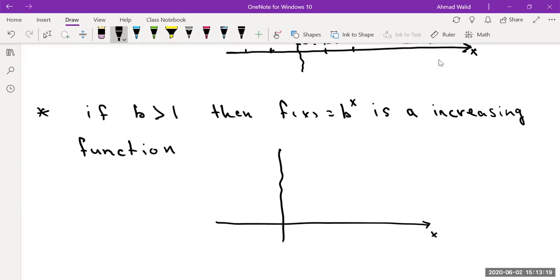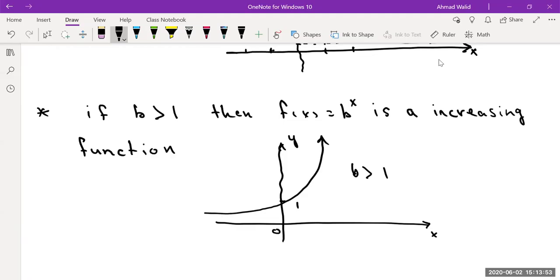Again, to show it in a graph for you, here is one. When your b is greater than 1, this function will be increasing, right? You end up with a function that passes through 0, 1, and it's an increasing function. And if you remember from algebra, we call these exponential functions exponential growth because it's increasing, right?